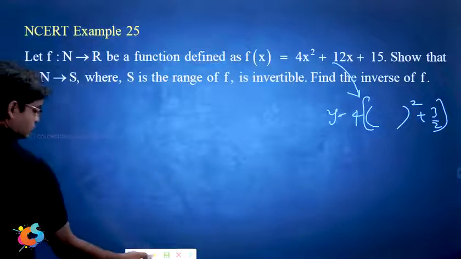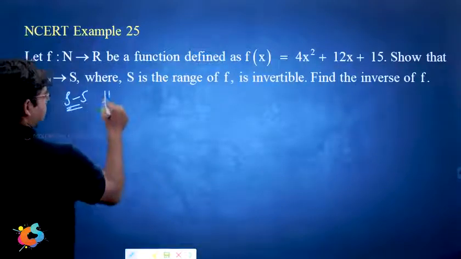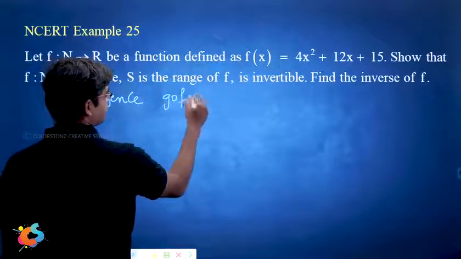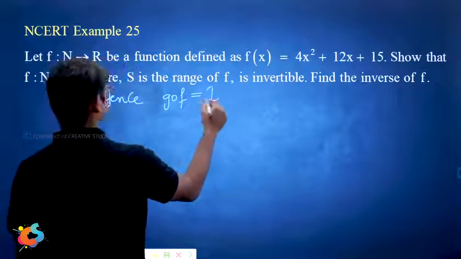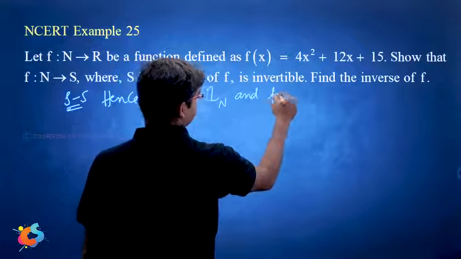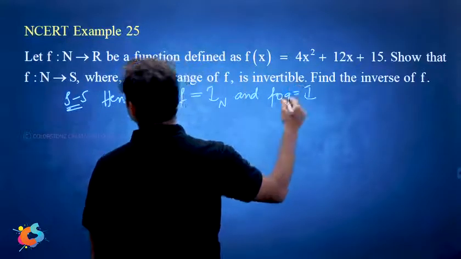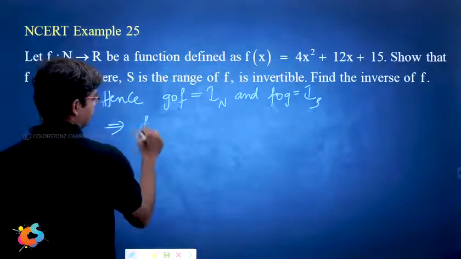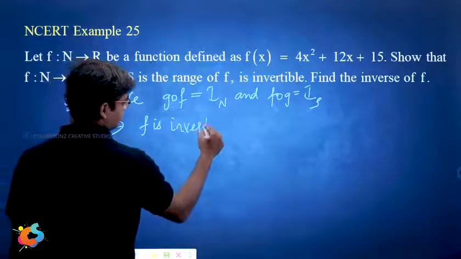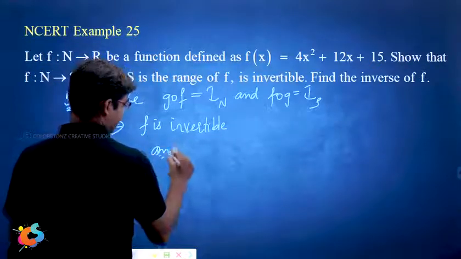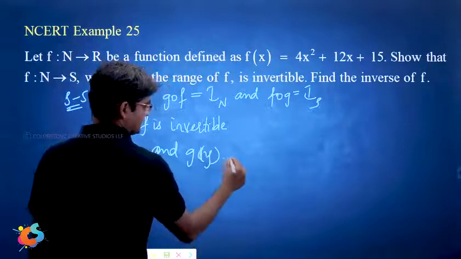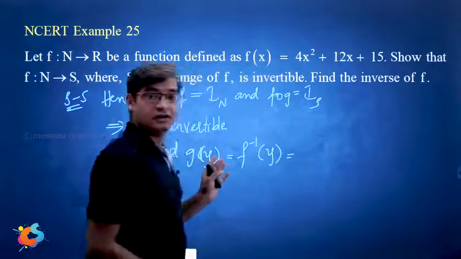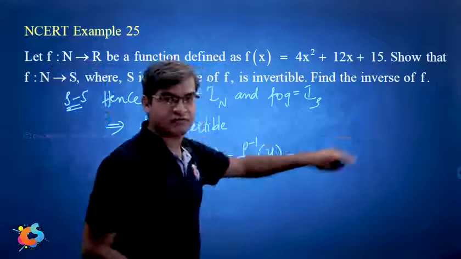Okay, so now step 5. Hence, f circle g, first let us write, whichever one you want you can write, g circle f is identity function on domain of f, that is N, and f circle g is identity function on domain of g, and domain of g is S, implies f is invertible and g of y is equal to f inverse of y is equal to that expression that you got for x. x as some expression of y, you got it, right?